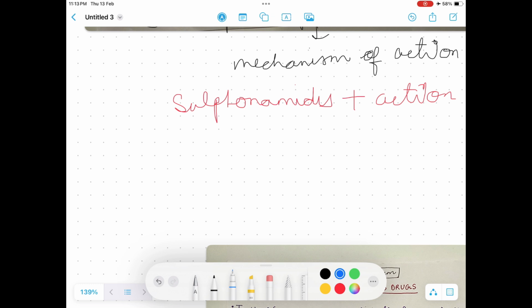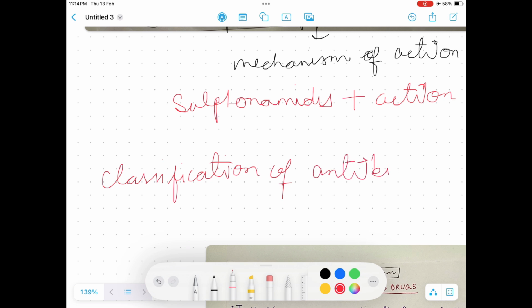If any individual antibiotic comes in the exam, like if they are asking about sulfonamides or penicillin G or cephalosporins or fluoroquinolones, anything, in order to score good marks, you are supposed to start the question from the classification of antibiotics.